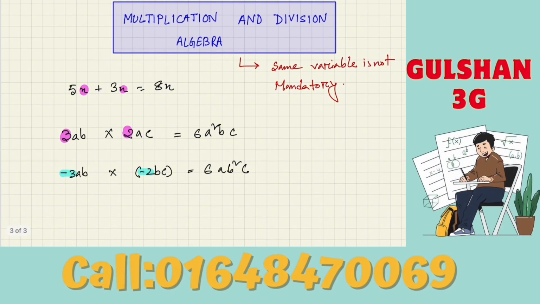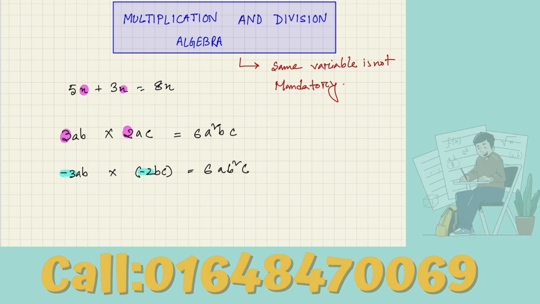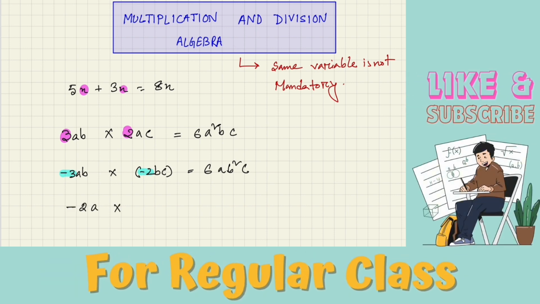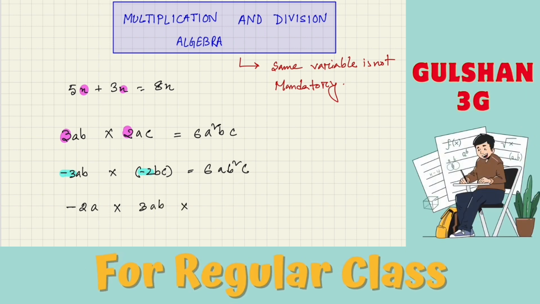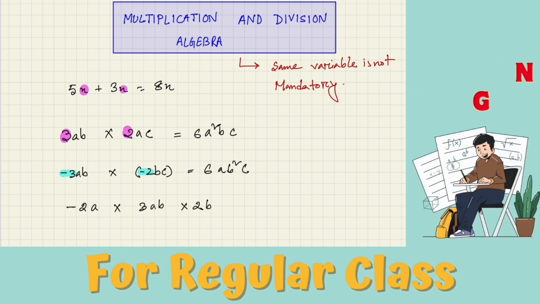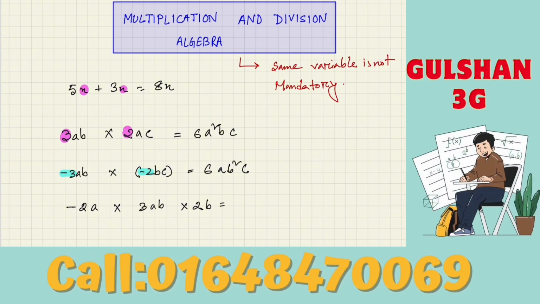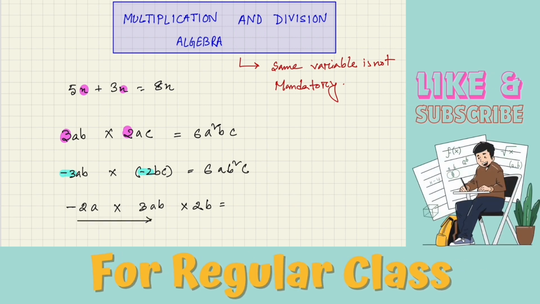If we multiply three terms, then what will happen? Like minus 2a multiplied with 3ab multiplied with 2b. In that case, we will start from the left and go to the right.